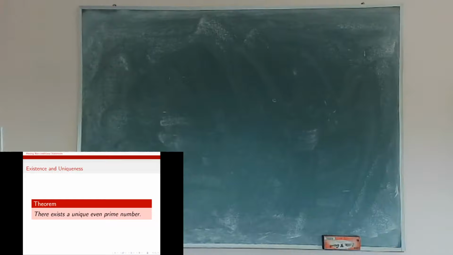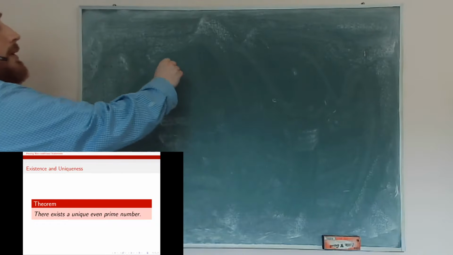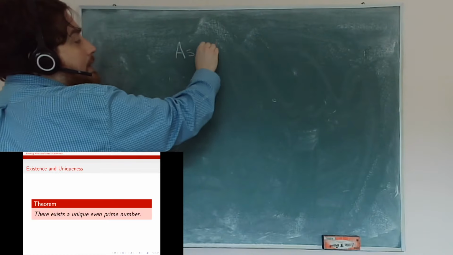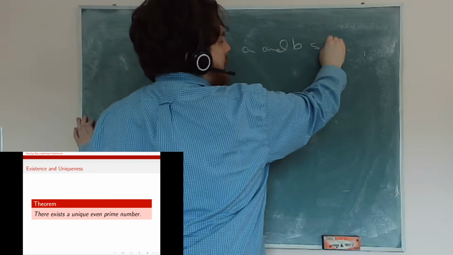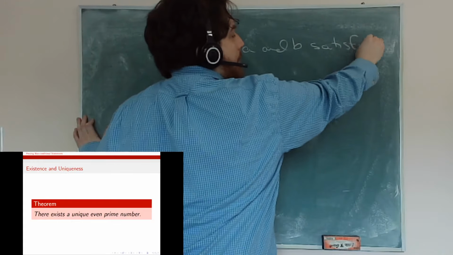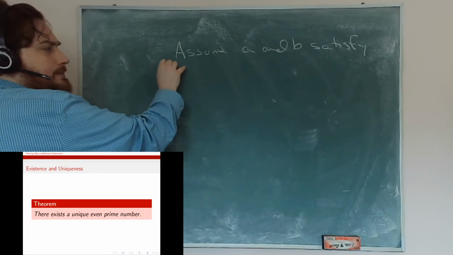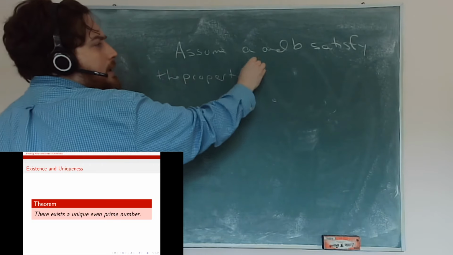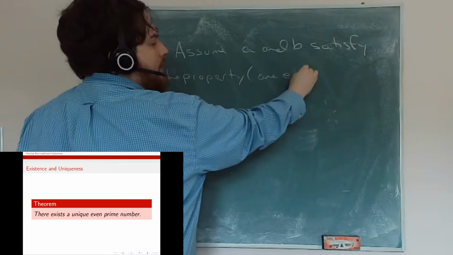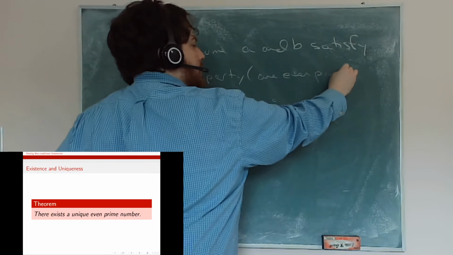So how would we do that? Well, let's think about that. In general, to show uniqueness, what we have to do is assume that A and B satisfy whatever property we're interested in. So in this case, suppose that A and B are even prime numbers.